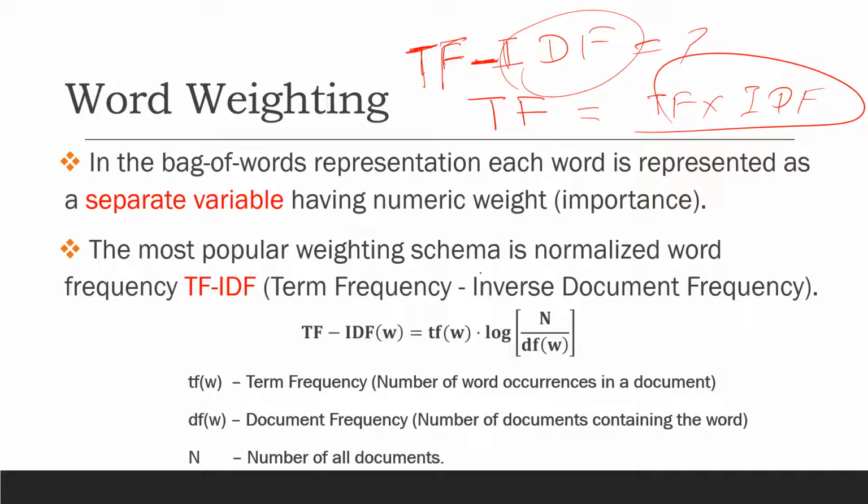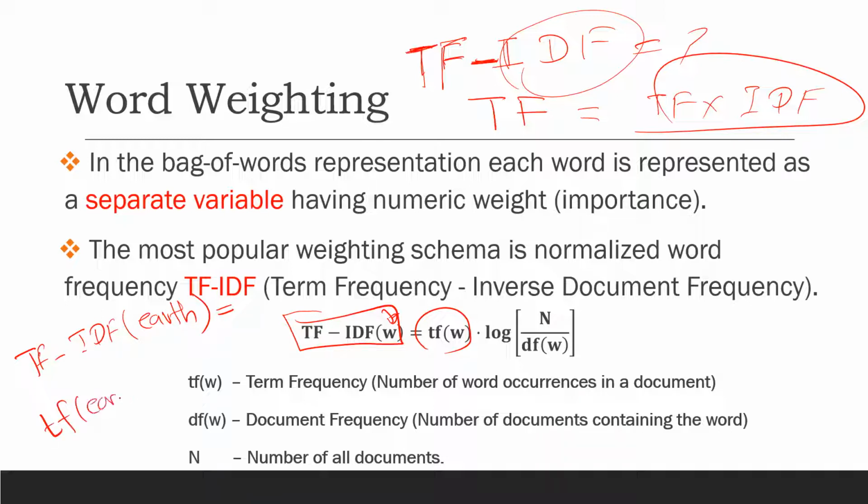If it is a TF-IDF of a word, this is the name of it. Let's say you need to find the TF-IDF of Earth, based on this previous document. For that, you need to calculate the TF of Earth. TF of Earth means the term frequency, which is the number of occurrences of the word in the document. It means the number of occurrences of the word Earth in the document.